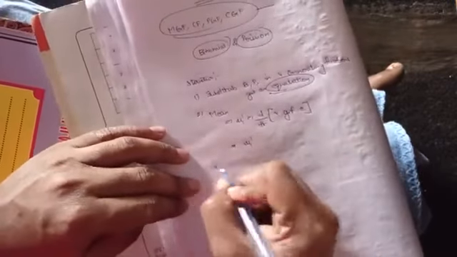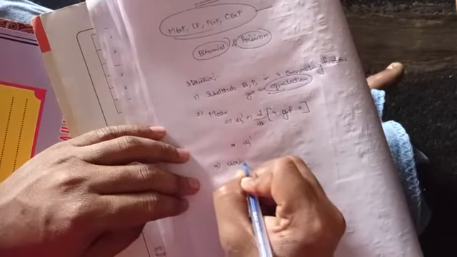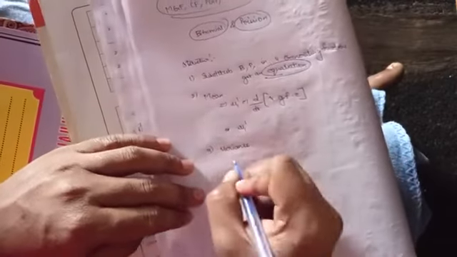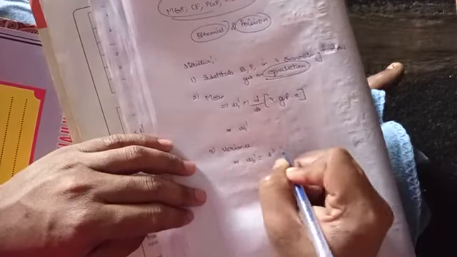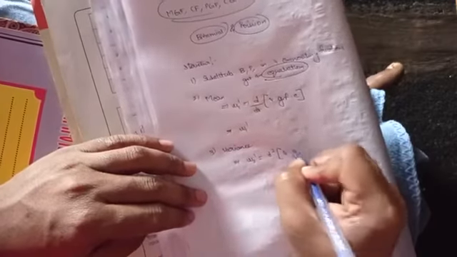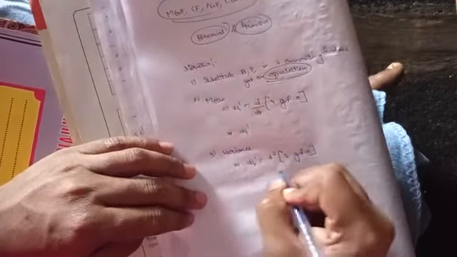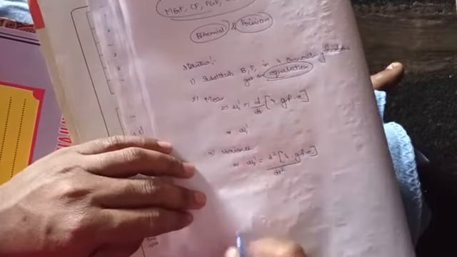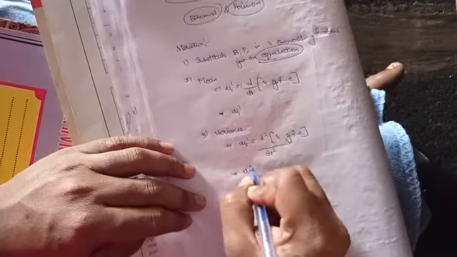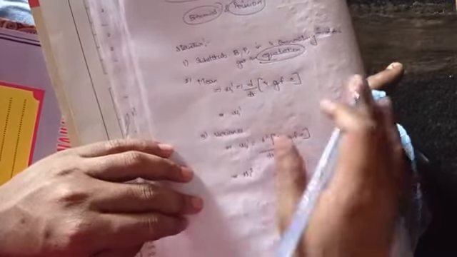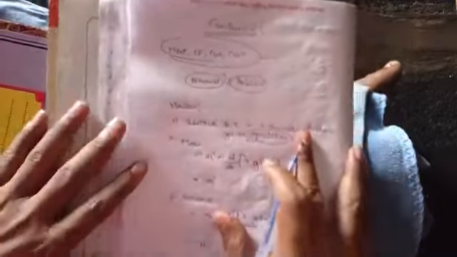After the mu1 dash value, we have to find the variance. How should we find the variance? Mu2 dash is equal to the double derivative, d square of the generating function equation by dt square. Then we will find mu2. So this is the actual process to find any of these distributions.